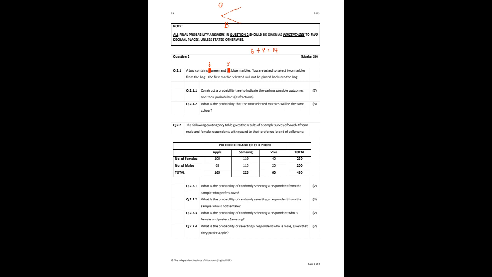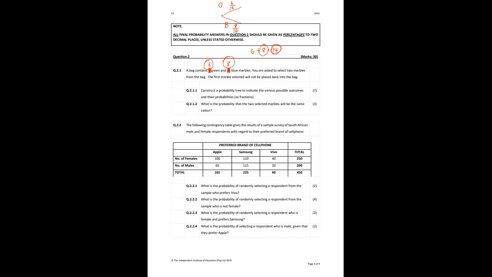For the green, 6 out of the 14 are green, which would make the first branch of the tree at the top 6 over 14. Then the chance of selecting blue the first time around is 8 out of the 14. So 8 over 14 at the bottom for the second branch.